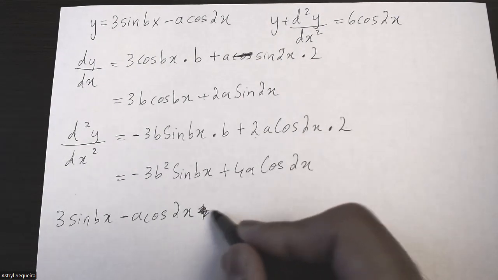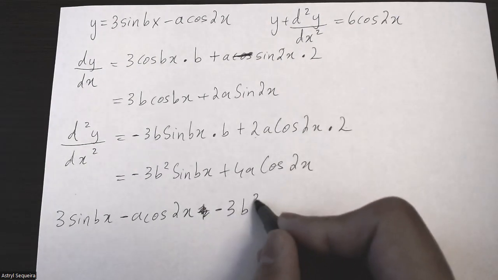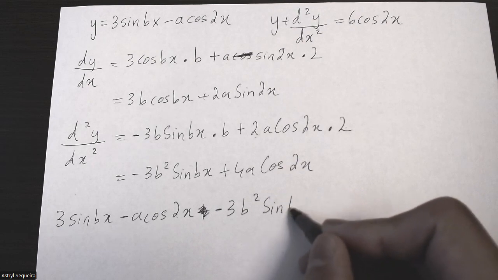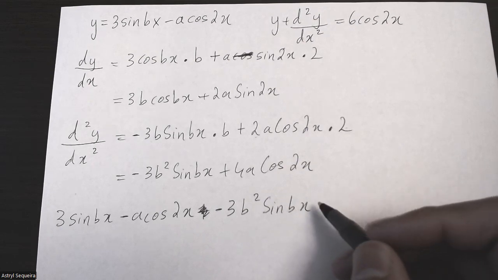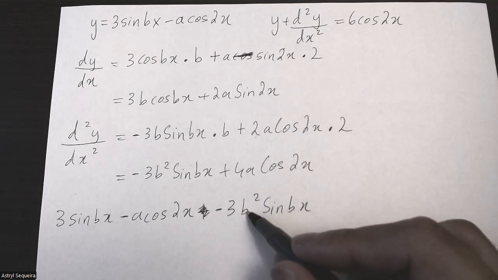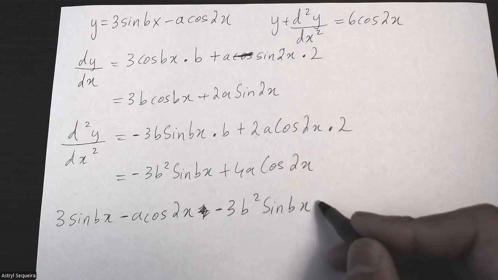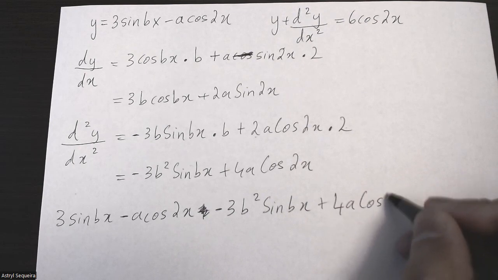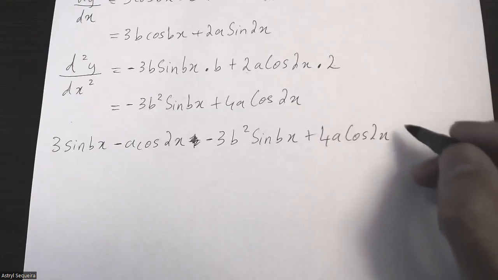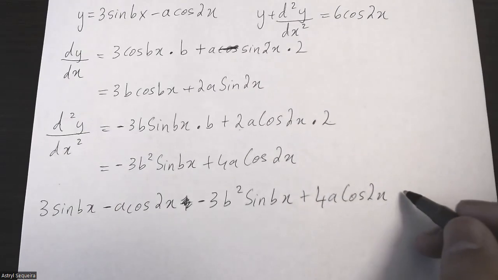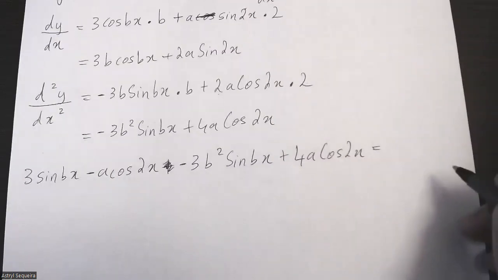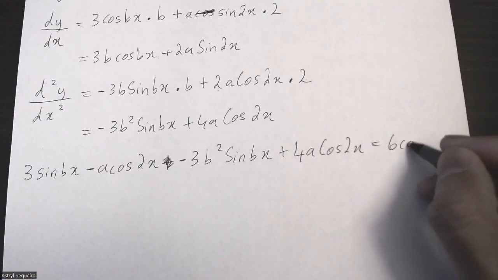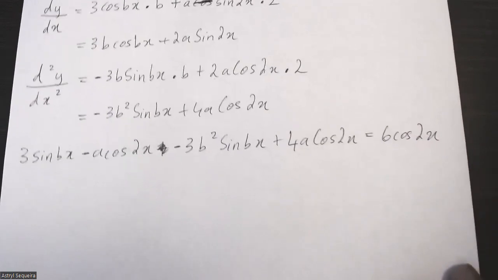Negative 3b squared sine bx plus 4a cos 2x. And this is all going to equal 6 cos 2x.